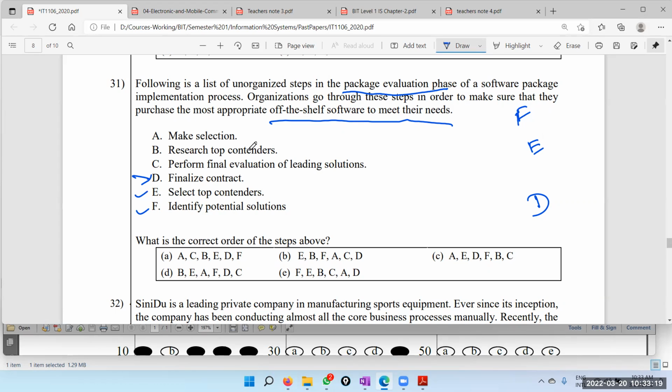Research top contenders. Maybe B is here. Perform final evaluation of leading solutions. We can get this here. Then identify potential solutions. Then research top contenders. Perform final evaluation of leading solutions.